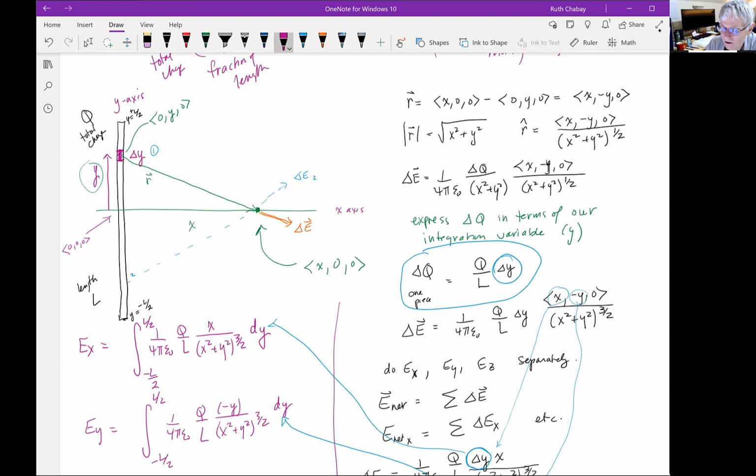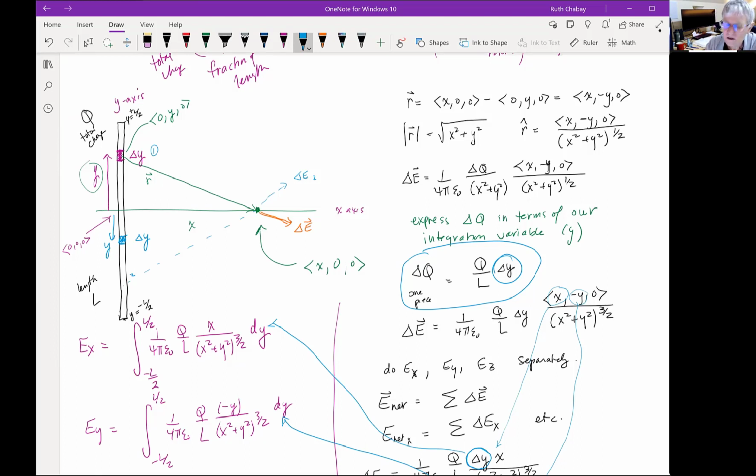And this y here, which is the coordinate of this piece, is a variable, because if we picked a different piece, suppose we picked this piece down here, y would have a different value, but the length of the piece would still be delta y.